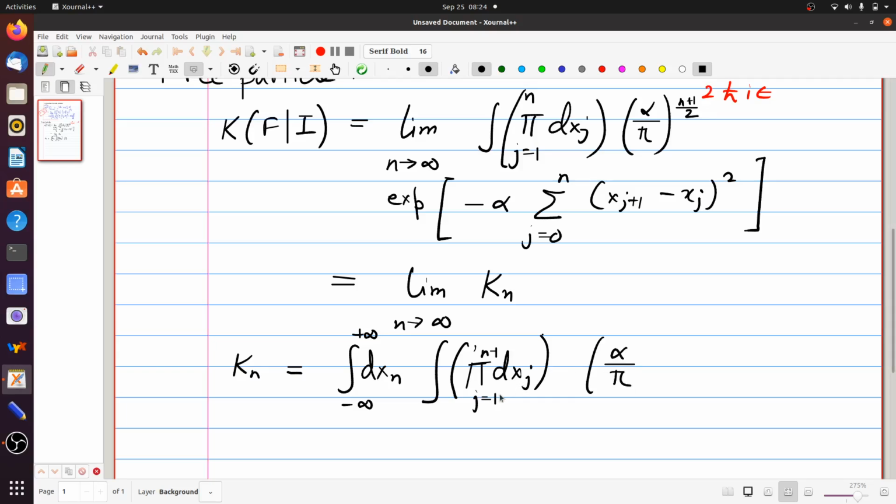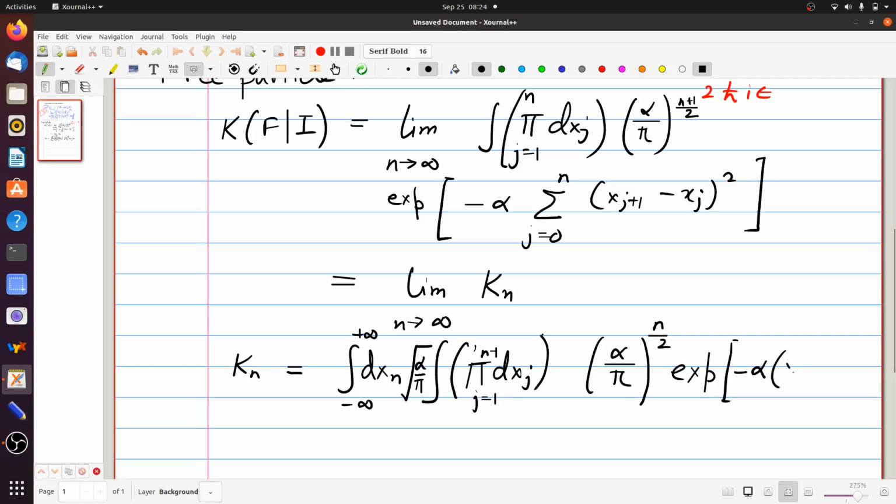Of course, if you are doing this n minus 1 times, then I would expect n minus 1 to sit everywhere where n is sitting now. So instead of n plus 1 by 2, I would want this to be n by 2. Of course, that can happen only at the expense of an extra root over alpha by pi. And what about this exponent? Well, being an exponent is easy. Remember, in a path integral, everything is classical. There are no operators left.